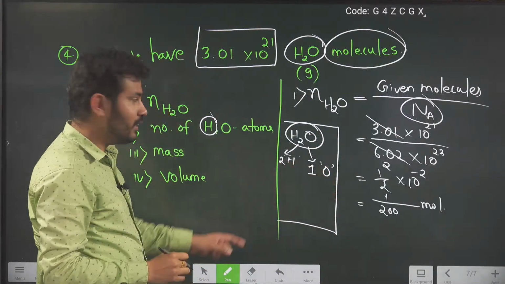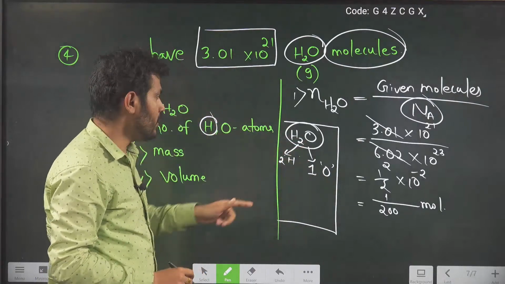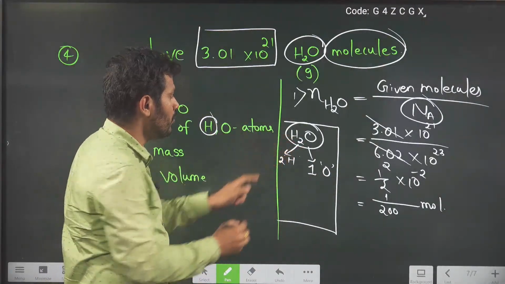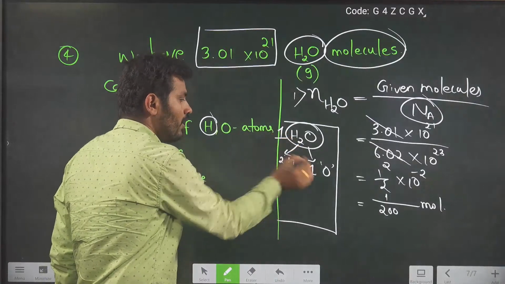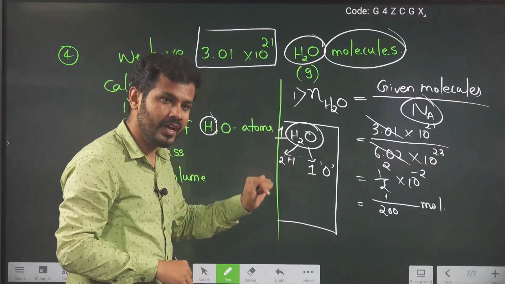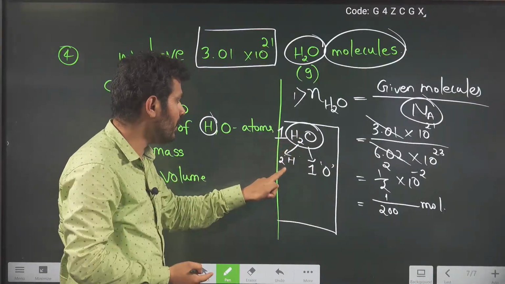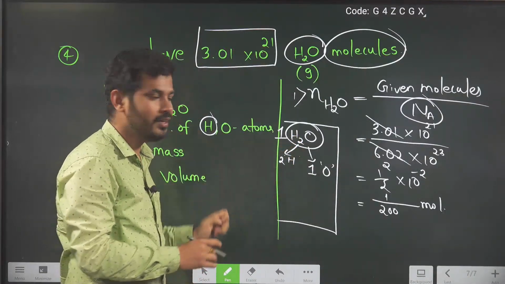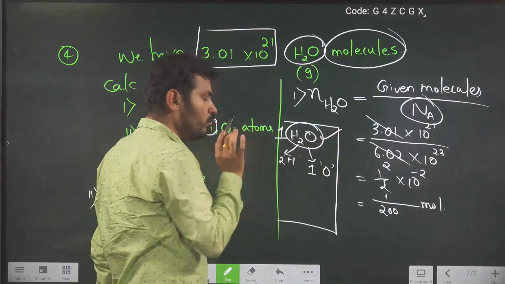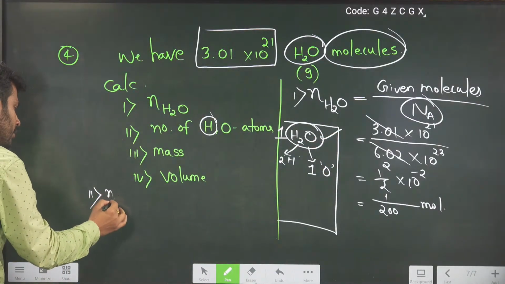That means whatever the number of H2O molecules, the number of H2O molecules and number of oxygen atoms is the same. Whereas if you multiply the number of H2O molecules with 2, you will get the number of hydrogen atoms. The number of hydrogen atoms will be how much now?